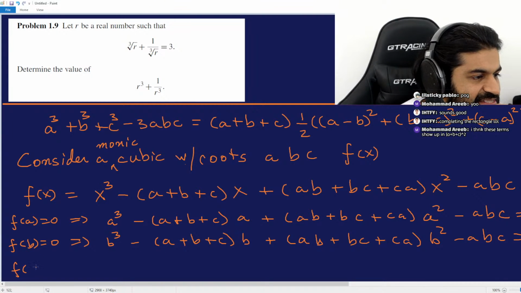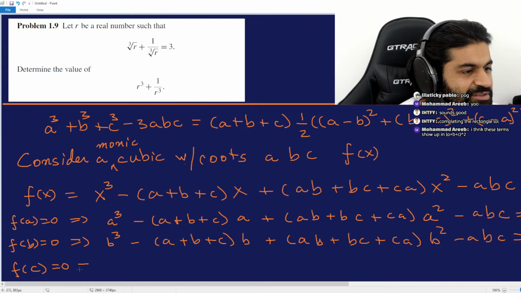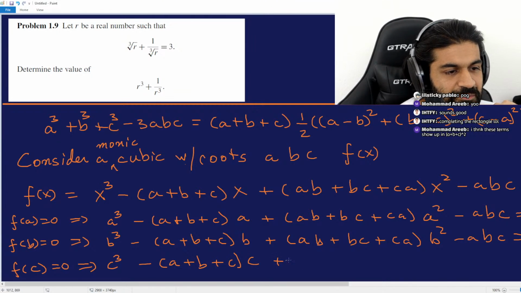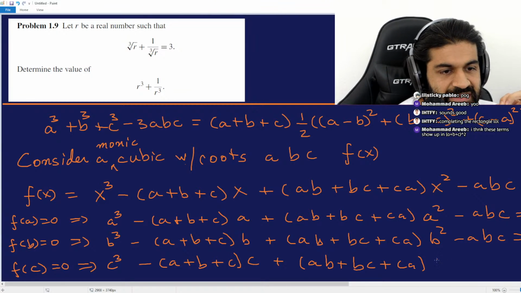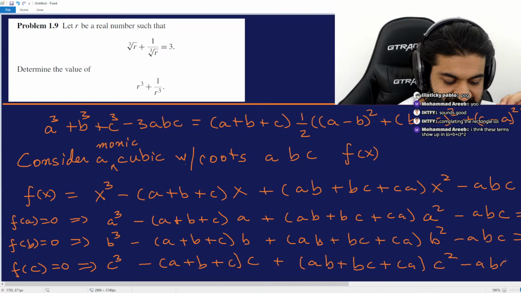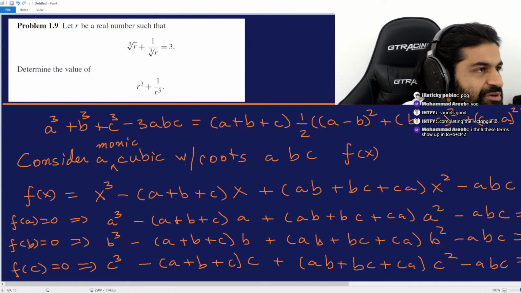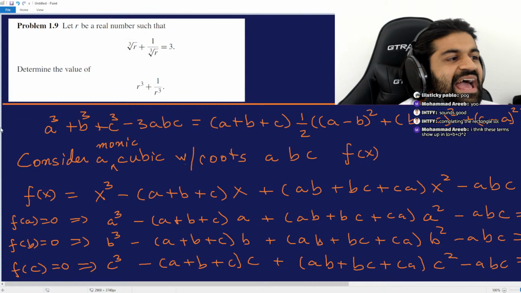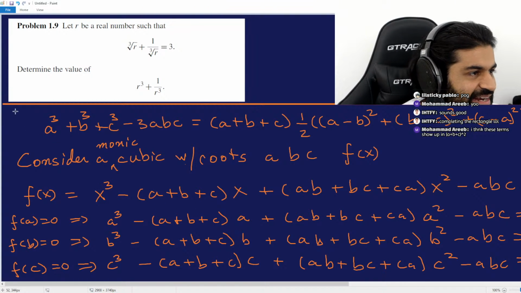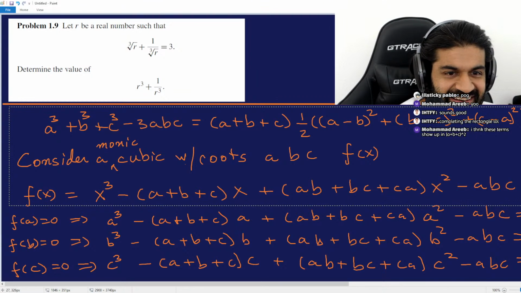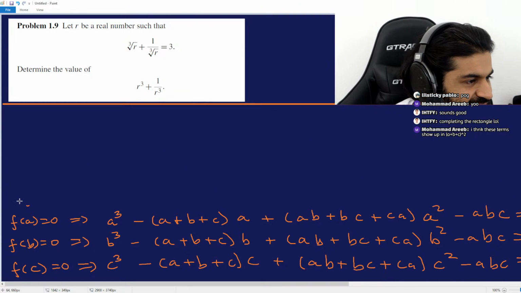And then f of c being 0, of course, tells you that c cubed minus (a plus b plus c) times c squared plus (ab plus bc plus ca) times c minus abc equals 0. So what does this tell you? Oh, this is very simple now. You can just add these three equalities, sorry, not inequalities, these three equations.